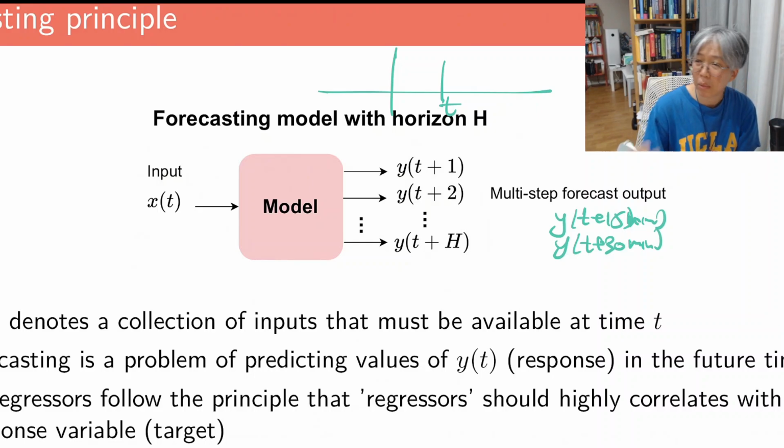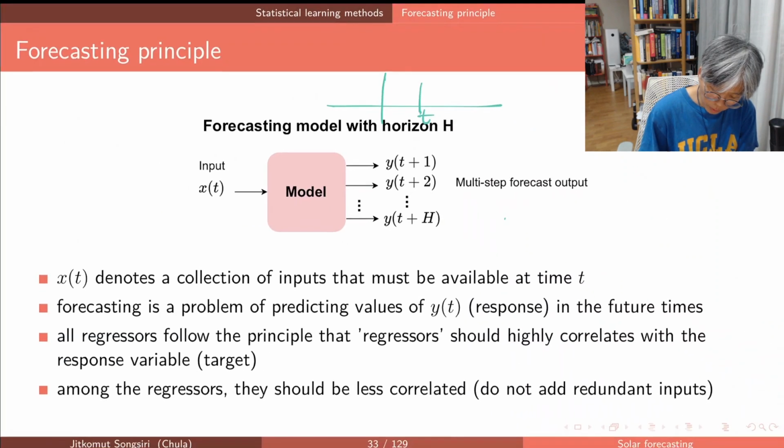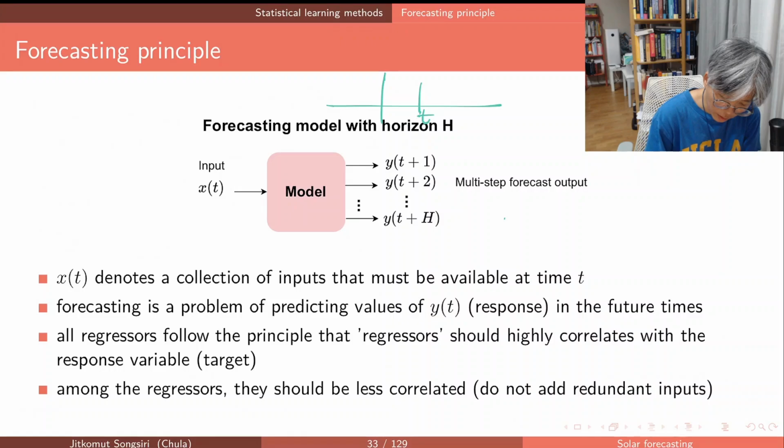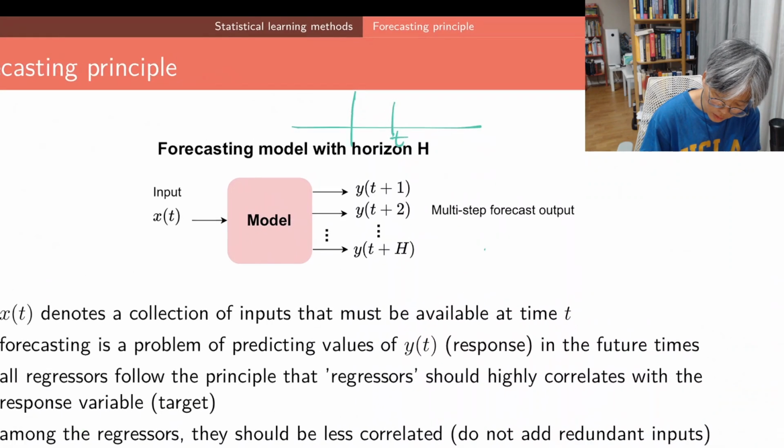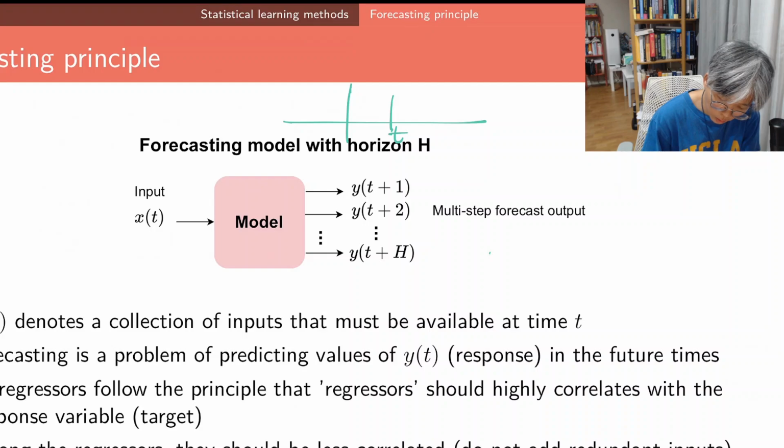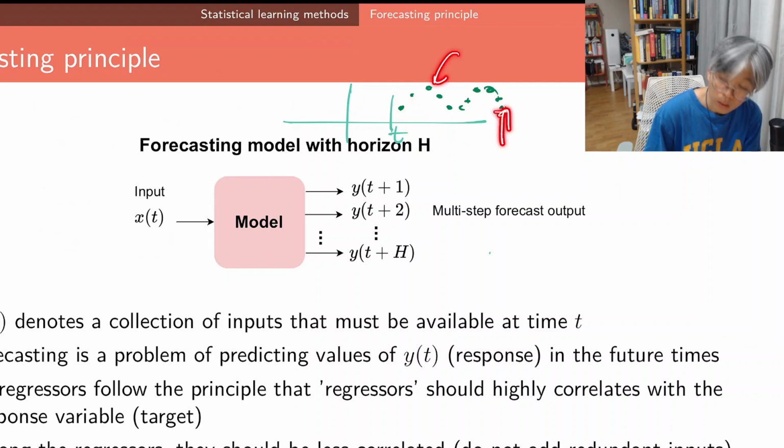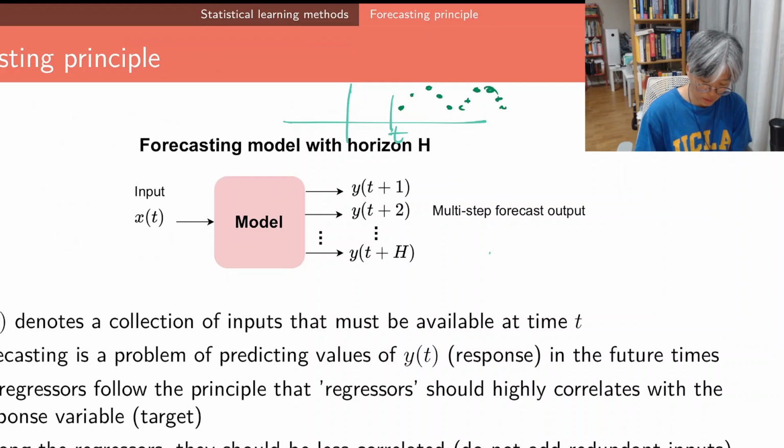Sometimes I say t plus 15 minutes, so it's the next 15 minutes. So at time t, your model is going to give h values: y at t plus 1, t plus 2, t plus 3, until t plus h.